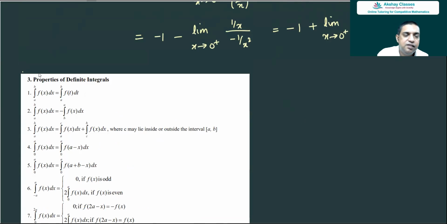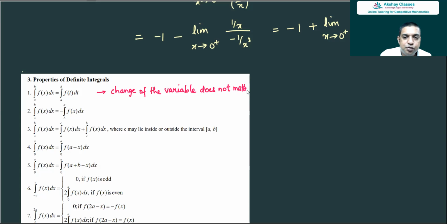The very first property, these properties are used, and mostly the questions that we get use the properties of definite integrals. So the first property: integral a to b f of x dx is the same as integral a to b f of t dt. What this says is change of the variable does not matter.